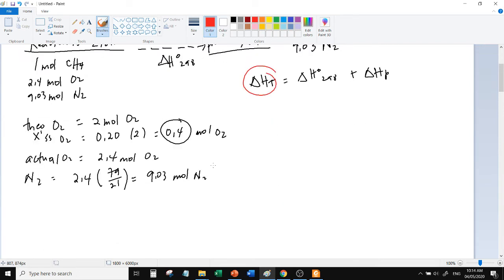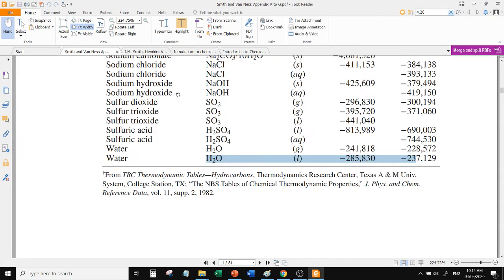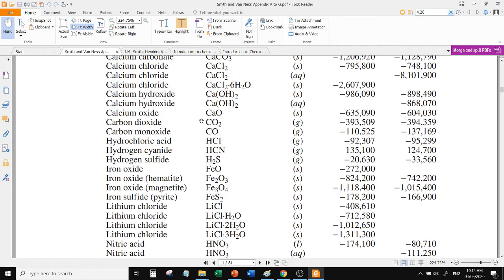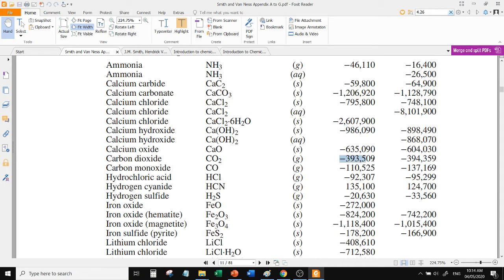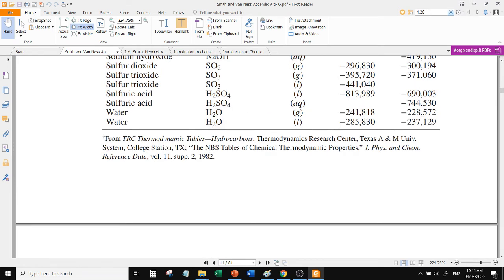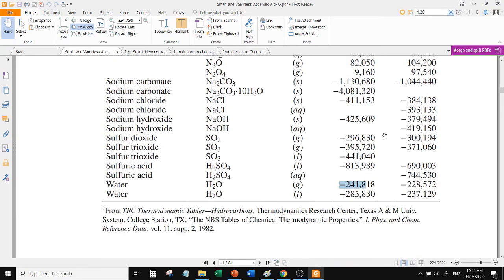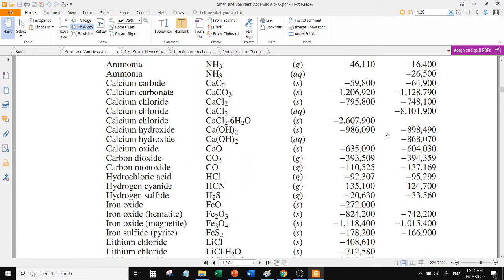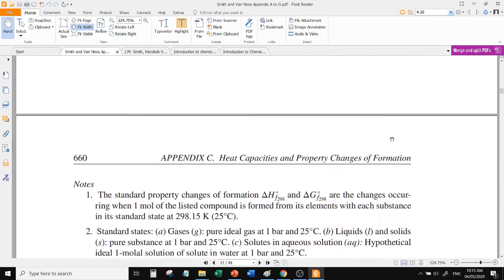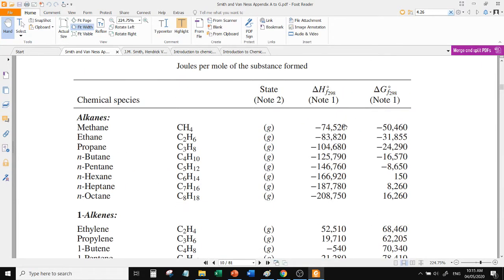So, what's the first step? We need the heats of formation, which we can get from our favorite book, Smith and Van Ness. There, carbon dioxide is listed. And the water is below, as a gas. So, this is what we will use, the gaseous form. And then the methane. Here, methane.